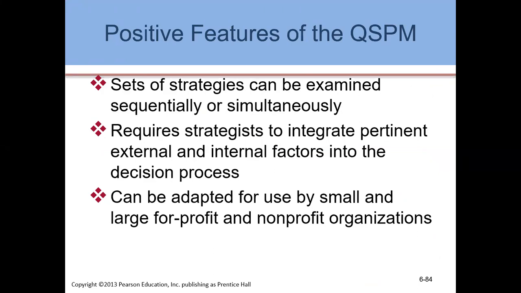And the third is that it can be adapted for use by small and large for-profit and non-profit organizations. So all can use this tool effectively to find out their strategic option.